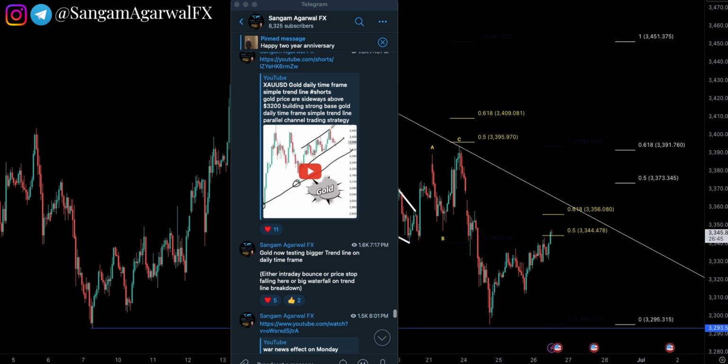The market is doing the same as expected: a bounce, which is happening right now from the daily time frame trend line. Price stopped falling after a $100 dump. Price started falling first, then the Fed speech came in the middle, hawkish. When everything became clear, the market started bouncing. So as expected, it is bouncing from the daily time frame trend line.